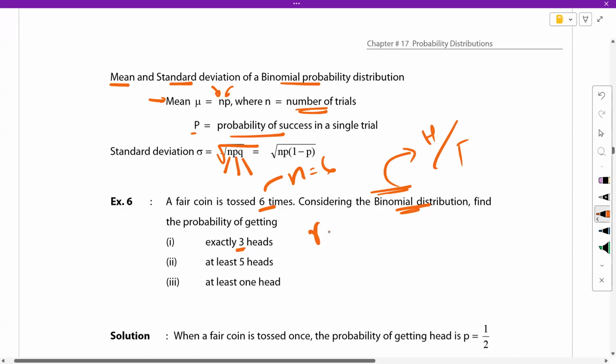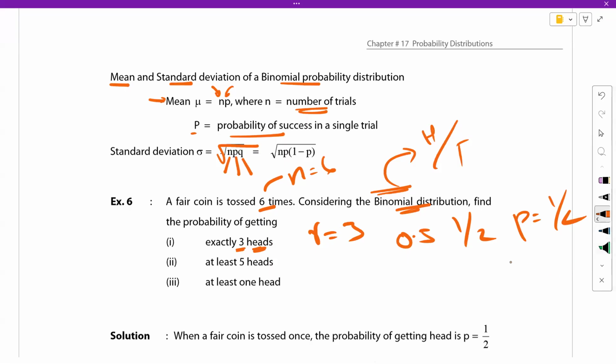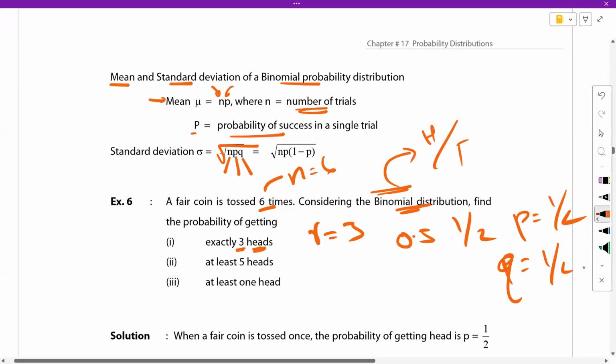Here R equals 3. We know the probability of getting head is 0.5 or 1 over 2, so P equals 1 over 2. And what's the probability of Q? Q equals 1 over 2.